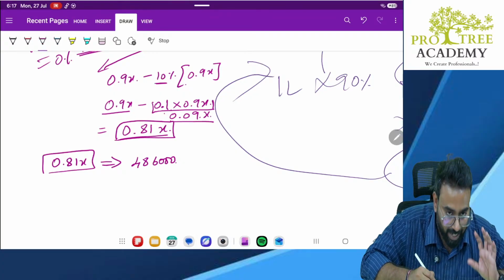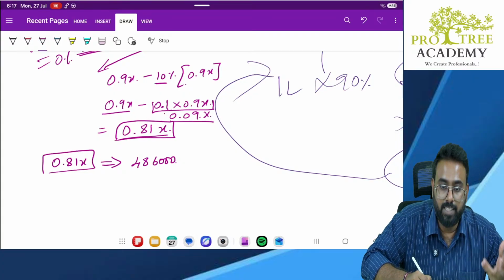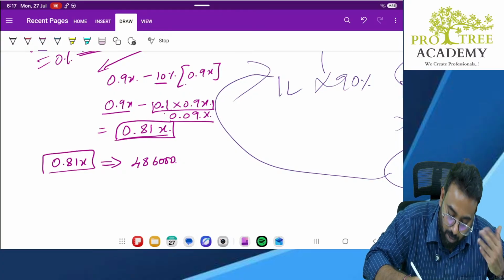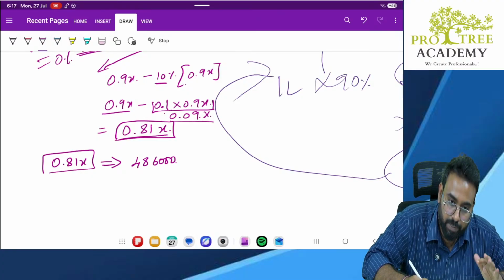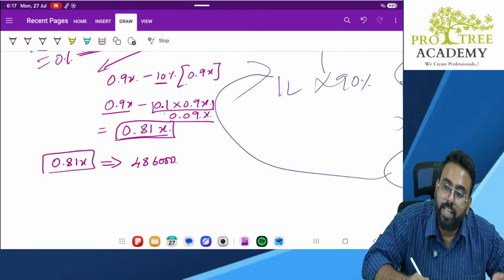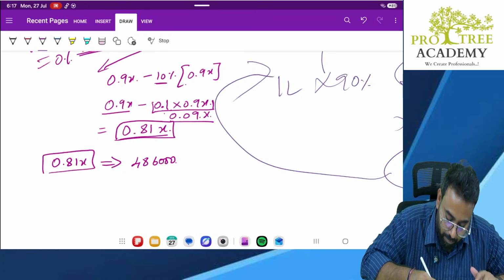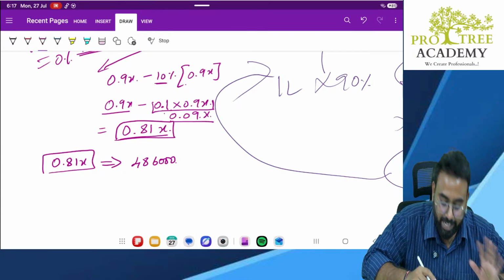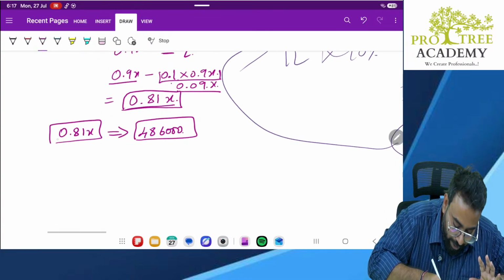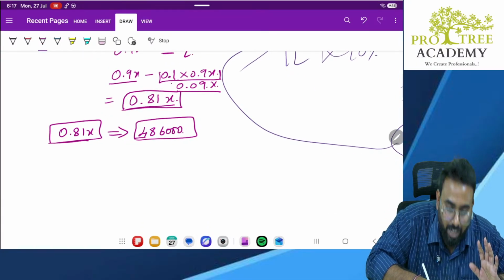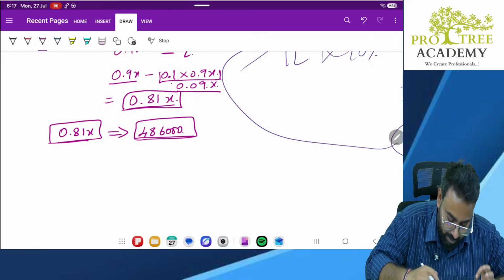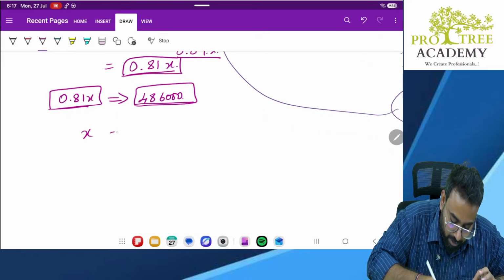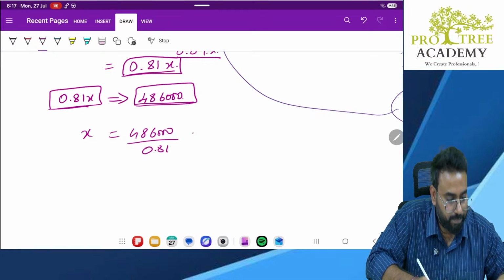So in our example, in our question also, there was a number x, we reduced the depreciation, again we got some other number, there we reduced the depreciation, again we got that number, which is nothing but 4,86,000. In other words, 0.81x is similar to 4,86,000, correct? Yes. Now how do you calculate x? x is equal to 4,86,000 divided by 0.81.